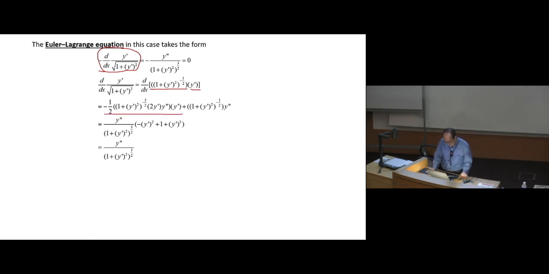Let's do the derivative of the first one. The exponent is minus 1 over 2, and because of 1 minus 1 over 2 minus 1, that gives you the minus 3 over 2. But then you apply the chain rule, because this is a function of y dot.